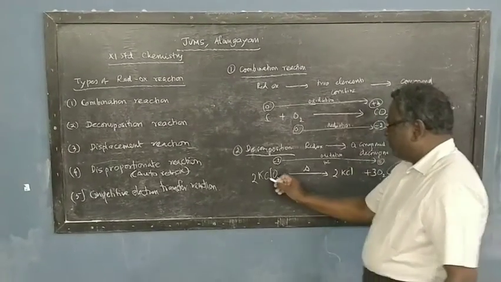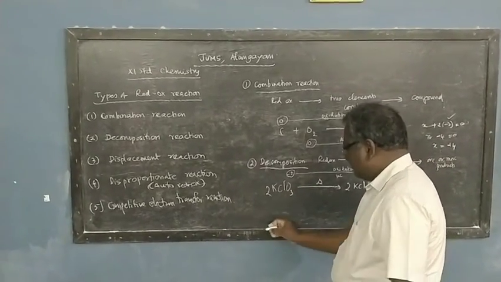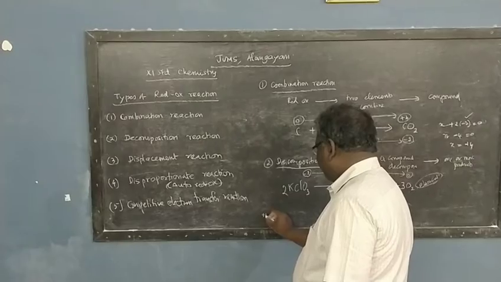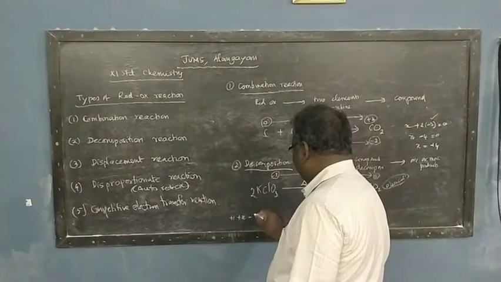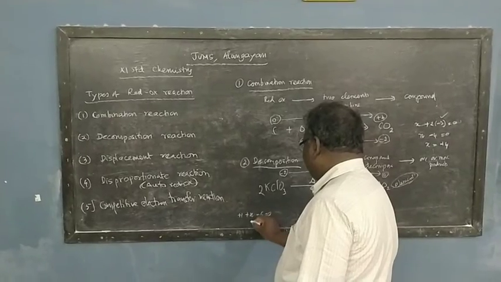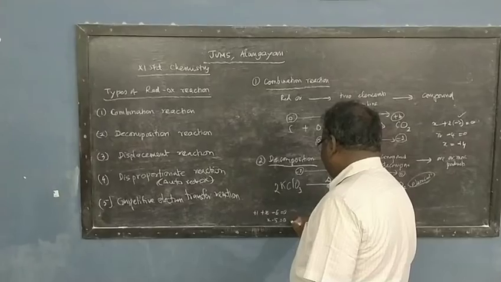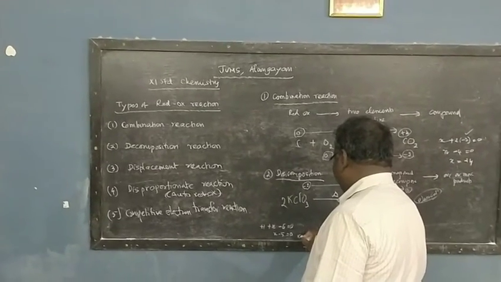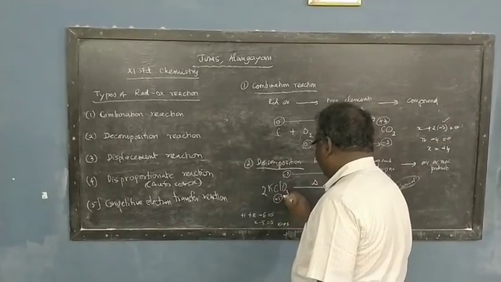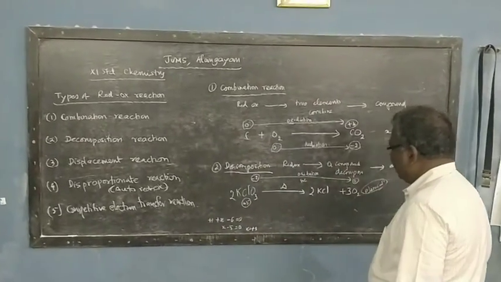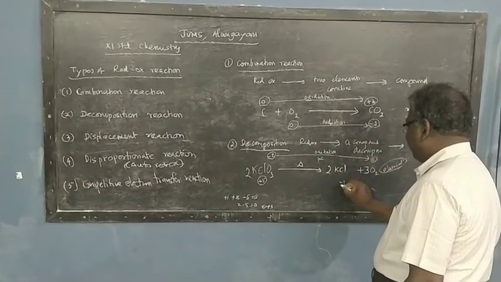அதே chlorine எடுத்து பார்த்தோம்னா what is the oxidation state of chlorine? பொட்டாசியத்துக்கு +1, chlorineக்கு x, oxygenக்கு 3 into -2, -6. Therefore it will become x minus 5 equal to 0. Therefore x is equal to +5. அப்போ +5 oxidation state. இது +1, இது -1 ஆகும்.